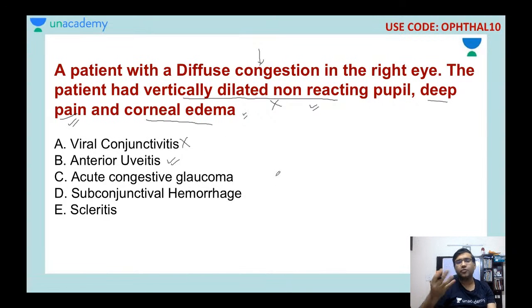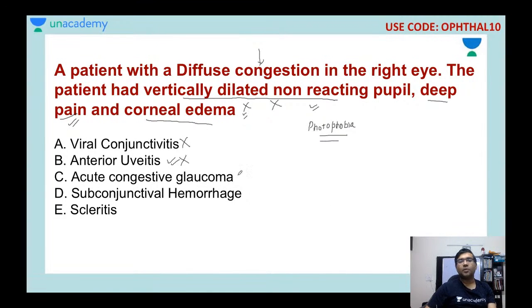Usually they have photophobia as their first sign, they do not have deep pain, they usually have photophobia and mild pain. Corneal edema, you do not get in the patients of the uveitis. So uveitis can also be not the answer here.